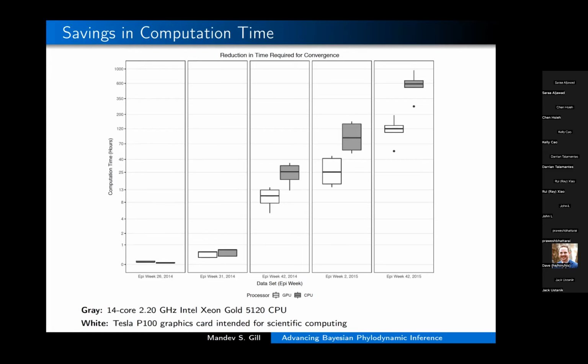For the 2 time points before that, the average savings are more modest, but still substantial, 90 hours and 25 hours. If you have a state-of-the-art GPU, you won't save as much time, but the savings are still very substantial. For example, for the latest time point, we save on average about 120 hours or 5 days.